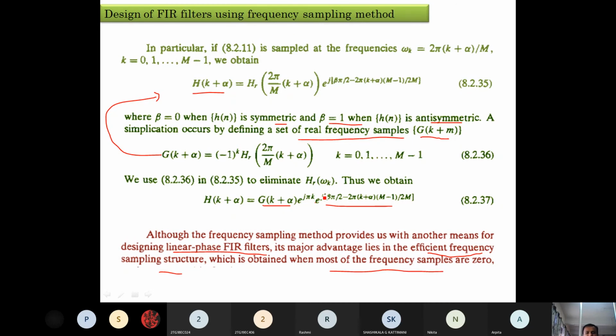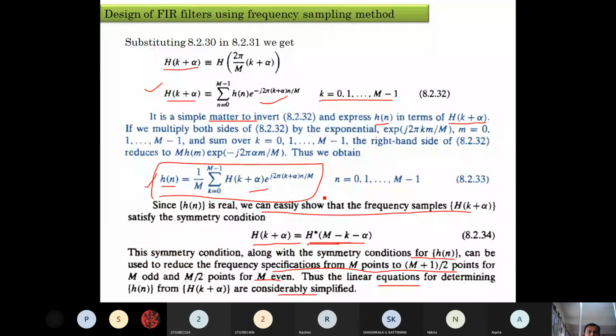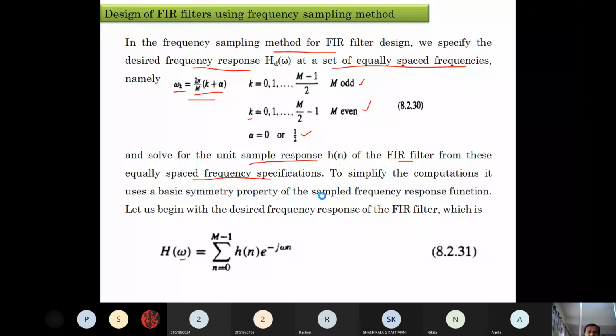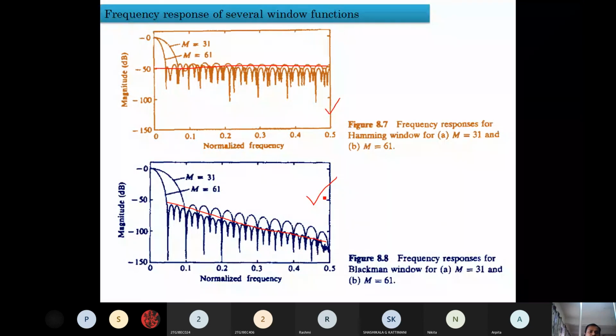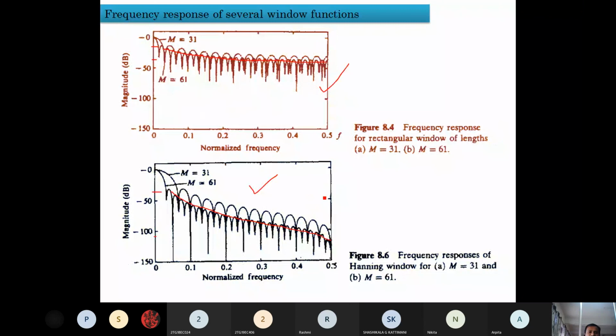So it is going to work efficiently when more frequency samples are 0. So in today's session, we discussed how we can design an FIR filter based on window functions as well as sampling the frequencies.